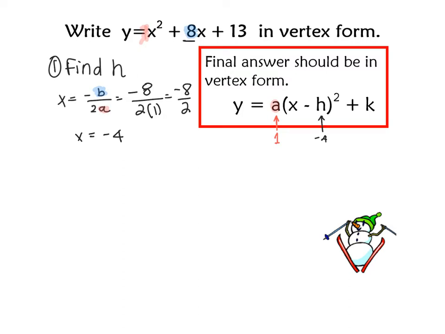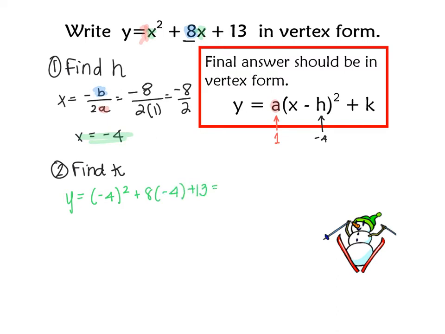If we want to find k, we're going to take this x value that we just found, and we're going to plug it in everywhere we see an x. So I would have y equals negative 4 squared plus 8 times negative 4 plus 13.